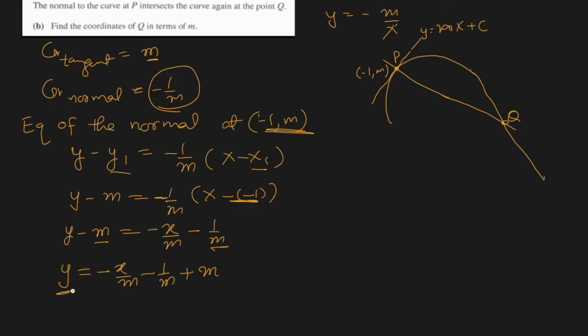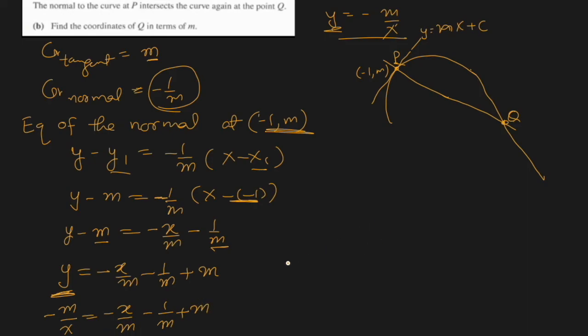So this is the equation of the normal, this is the equation of the curve, and at p and q both of them have common y, right? They have common point. So I can substitute this y by this y. So let me do that. Minus m over x equal to minus x over m minus 1 over m plus m, right?